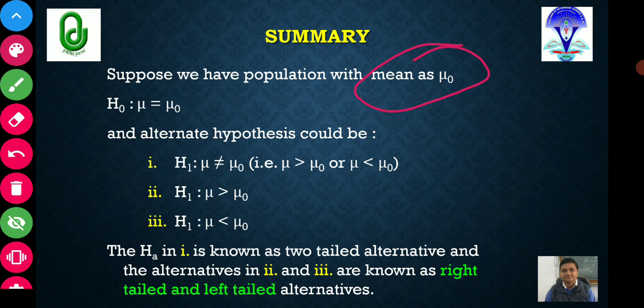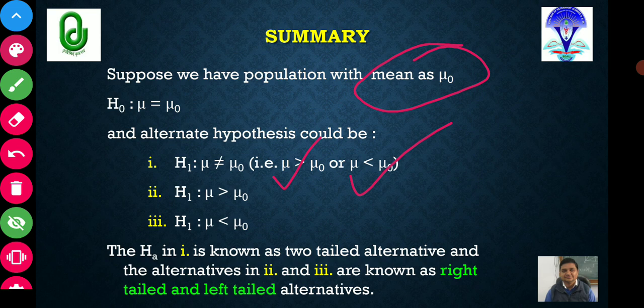The null hypothesis is telling that the sample mean is equal to the population mean, but the first alternate hypothesis is that mu is not equal to mu naught. That means it may be either greater than mu naught or lesser than mu naught. That means it is telling both the things.